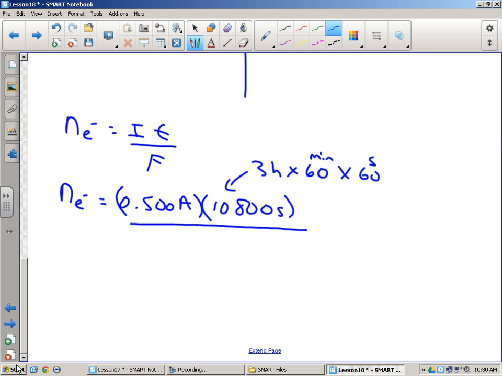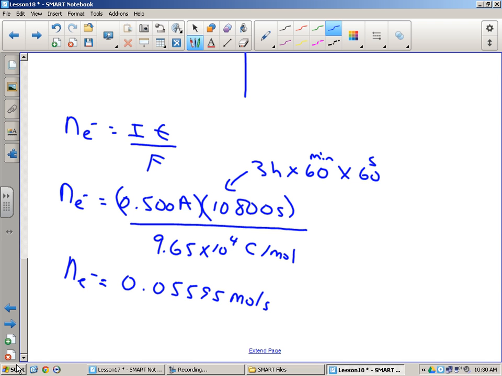Faraday's constant is 9.65 times 10 to the 4 coulombs per mole. And what does the amount of electrons equal when I calculate that all out? The answer is 0.05595 moles. All right. So now I know the amount of electrons that has been running through this system.